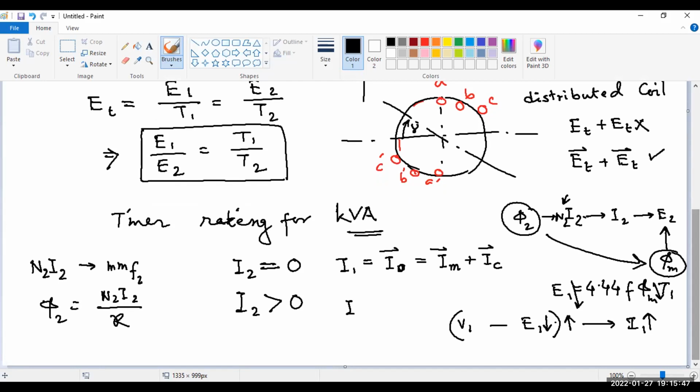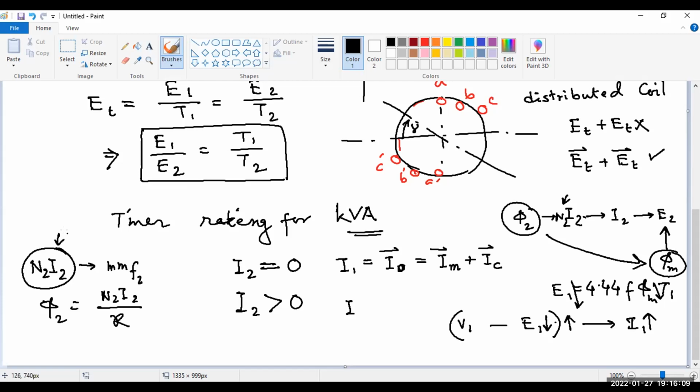The equilibrium will be reached when the root cause of this disturbance is nullified. Got my point? So who is the root cause of this disturbance? The root cause is this MMF.